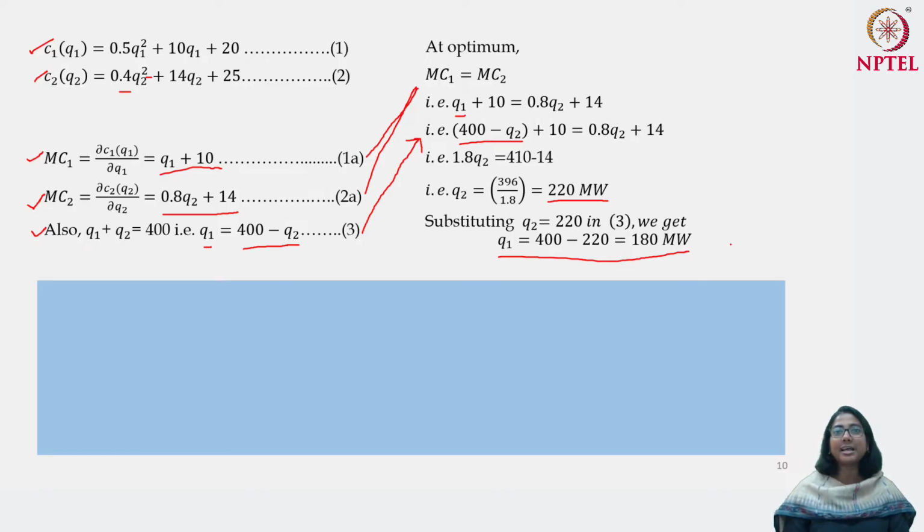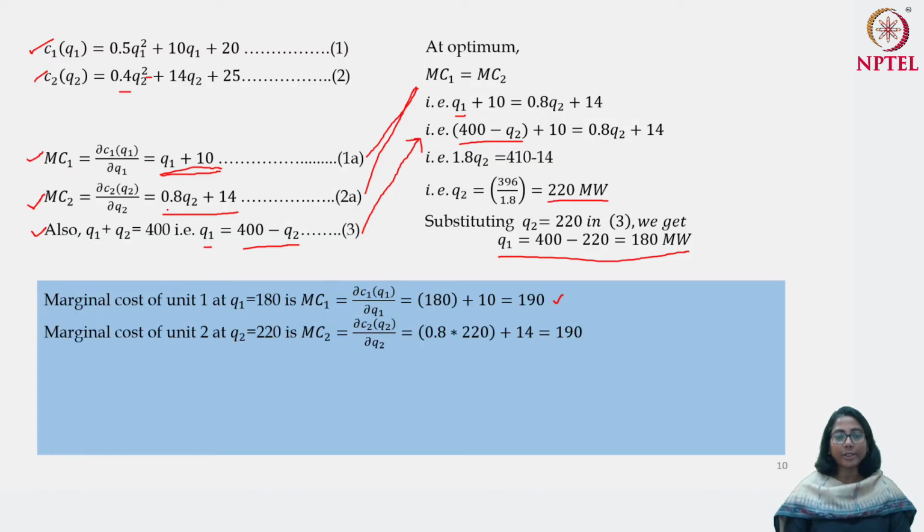After doing this, let us have a quick look at whether we are satisfying the condition of MC1 equal to MC2 or not. This is just a cross check to see whether your calculations have gone right. So the marginal cost of the first unit at Q1 equal to 180: you go back here, so you get 180 plus 10, which is 190. So the marginal cost at the optimum production is 190 for the first plant.